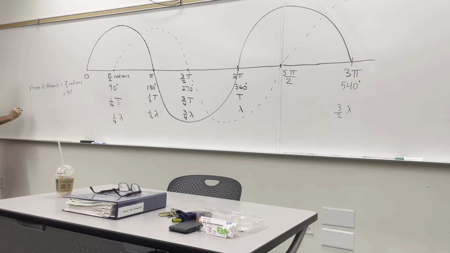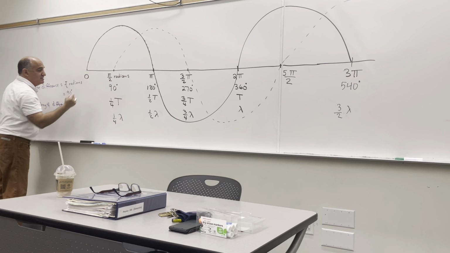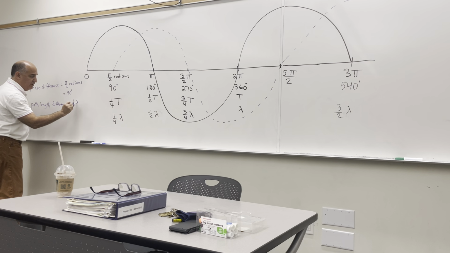Now, if I ask you what is the path length, it's like the length of the path that was taken by the wave. But I want the difference between that one and the black one. Since I want the difference, then this extra distance is a quarter of a wavelength, because wavelength is a distance.